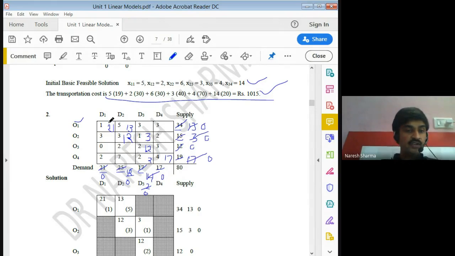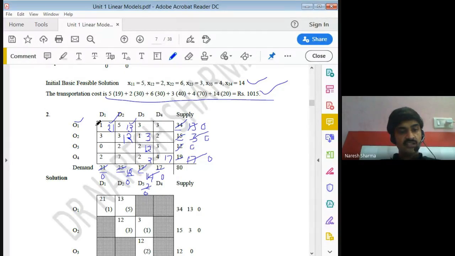So here your first solution is x11, this is 21, x12 is 13, x22 is 12, x23, this is just a location, xij, everyone knows matrices, right?